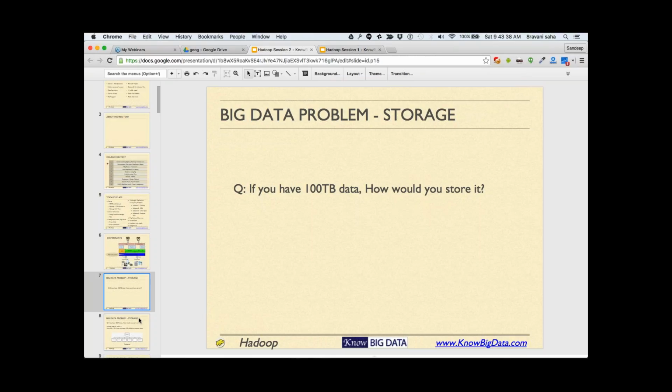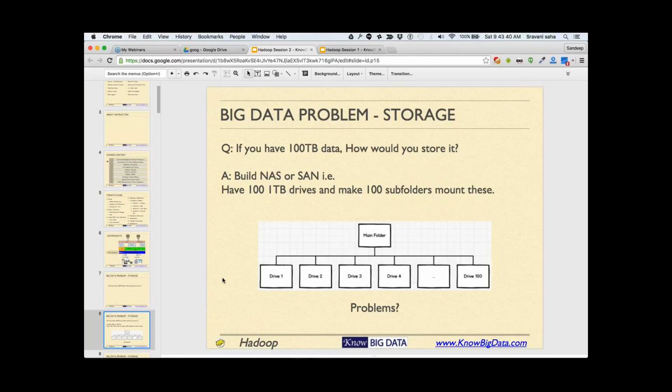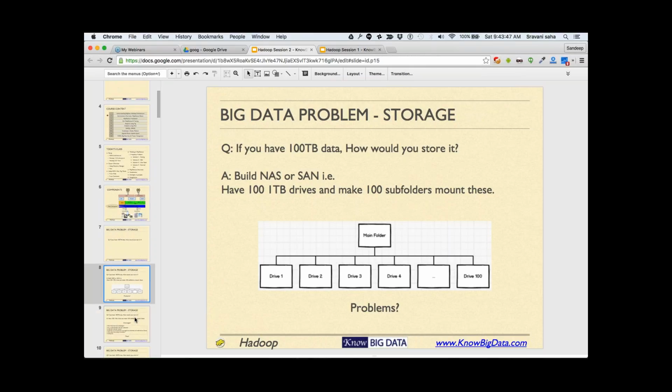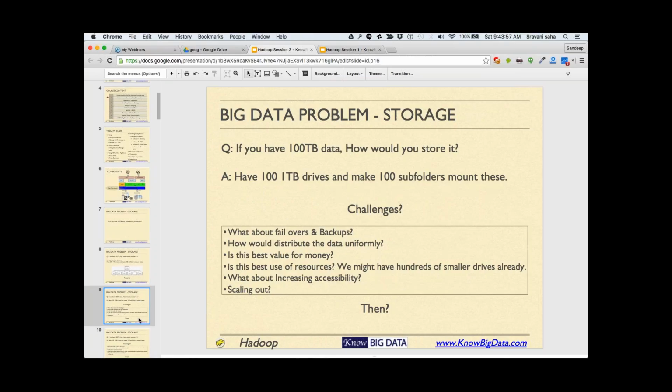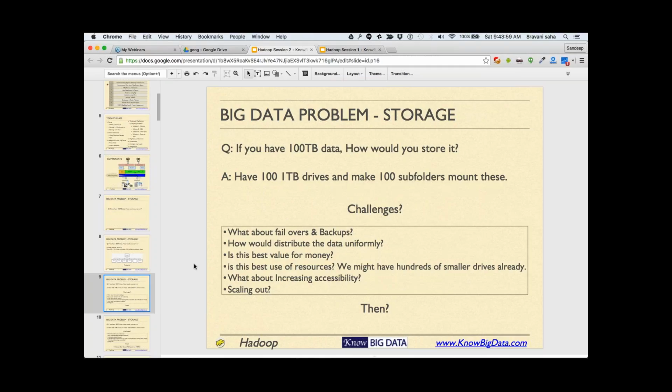Generally, you connected all the computers together in a network, created folders on that and started storing. But the problem with this model was that failover and backup were pretty poor. You could not distribute the data uniformly. It was not good value for money, and scaling out was impossible.